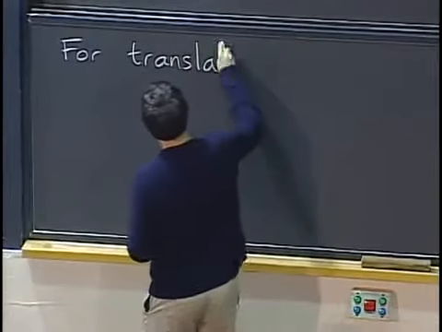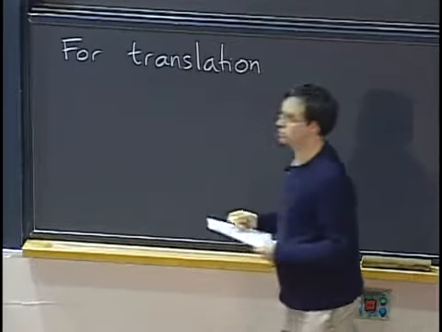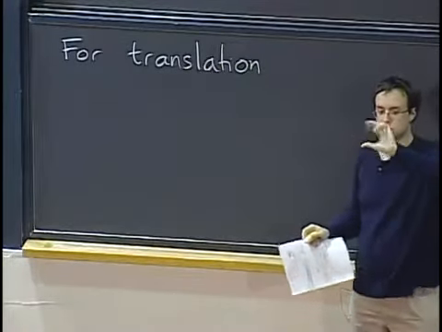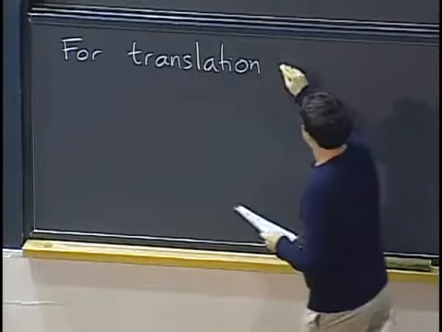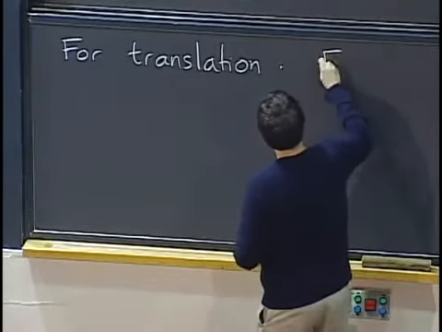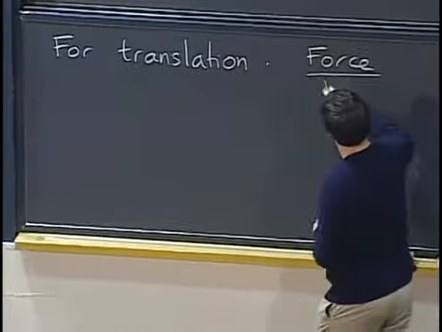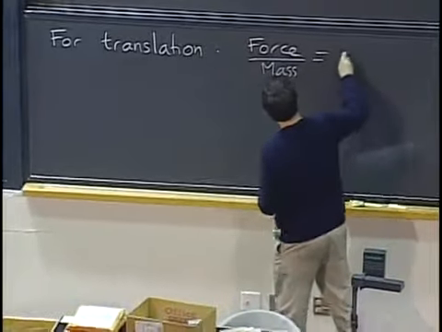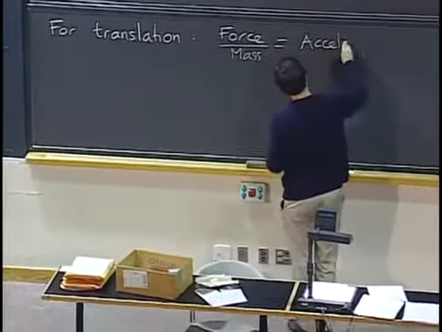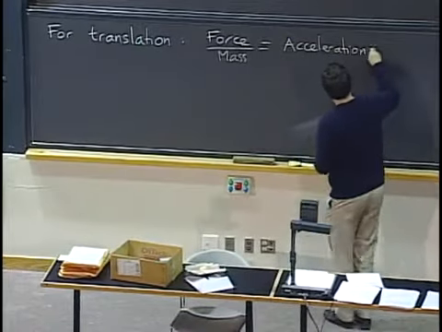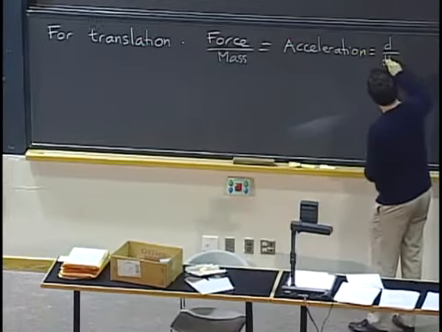Let me remind you, if I look at translation motions, say just a point mass, so there are no rotation effects, then force divided by mass is acceleration, which is the derivative of velocity.